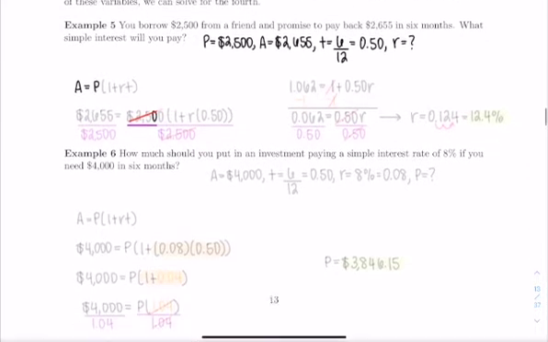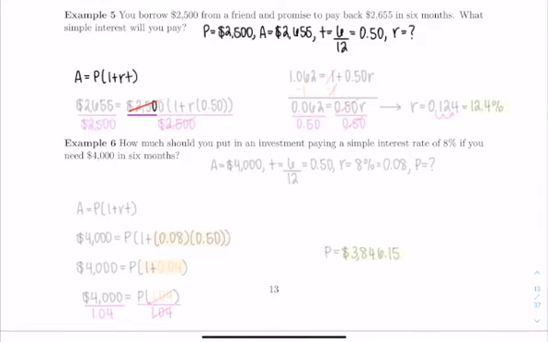So plugging this into our formula, we have A equals P times 1 plus RT. My A is 2,655. My P is 2,500 times 1 plus R times 0.50. And so the first thing that I'm going to do is try and get R by itself.